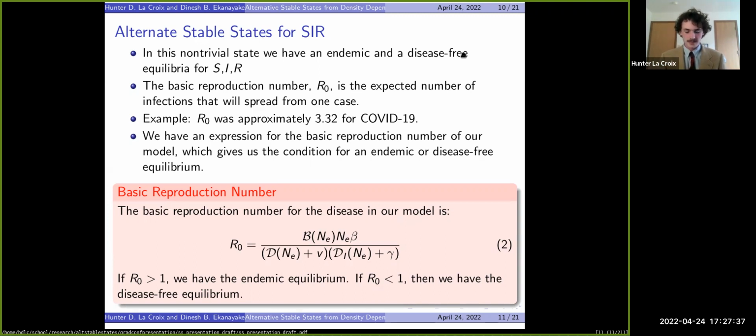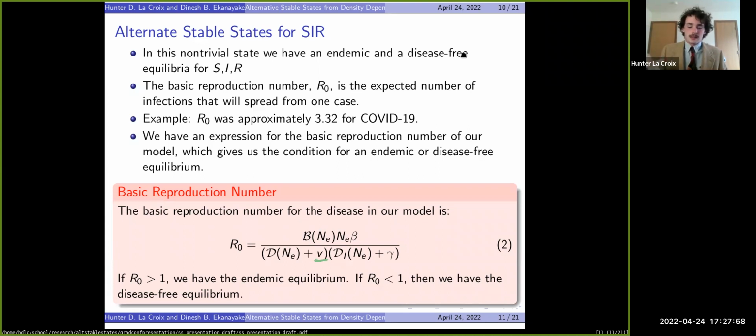We can see that our basic reproduction number is going to be proportional to our beta, which was the scaling factor on the amount of new infected individuals. And we can also see, for example, that V is our vaccination rate, and it's in the denominator here. So as we increase V, our basic reproduction number lowers.